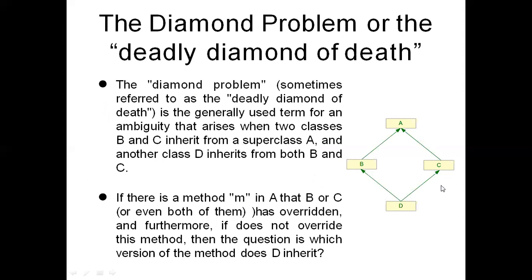Now, let us see what happens. If there is a method M in B or C, or both of them have overridden it. Let us suppose some property has been overridden from here to here and another property has been overridden here to here. Now if I want to inherit the property of the summation method, which summation will it call? There will always be an ambiguity, right guys?